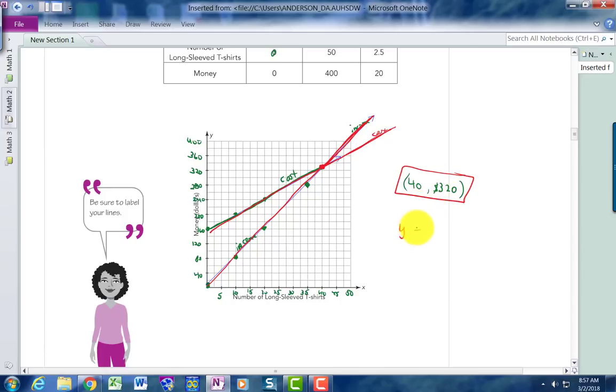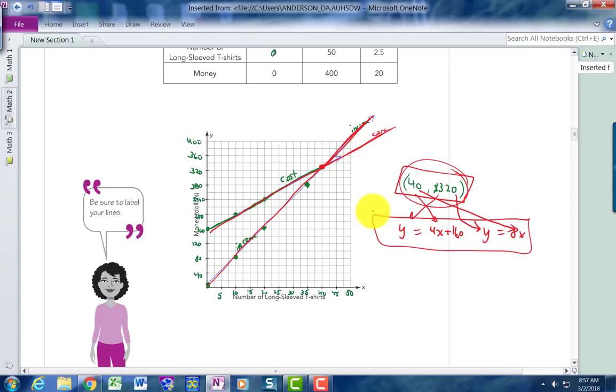And the system was y equals 4x plus 160, and then y is equal to 8x. So there's your system of equations right there. And then this is the solution. Why? Because if you were to plug in 40 into x, you would get 320 for this one. And likewise, if you were to plug in 40 into x in this equation, you would get 320 as well. So this ordered pair satisfies, or makes, both of these equations true at the same time.